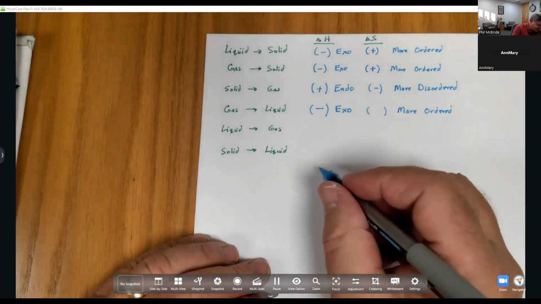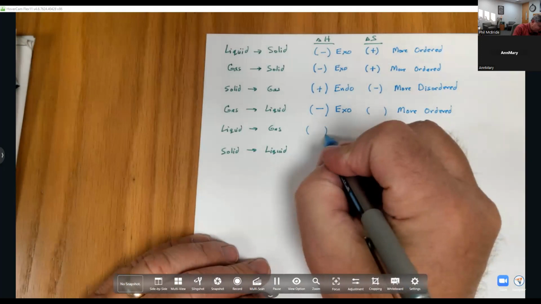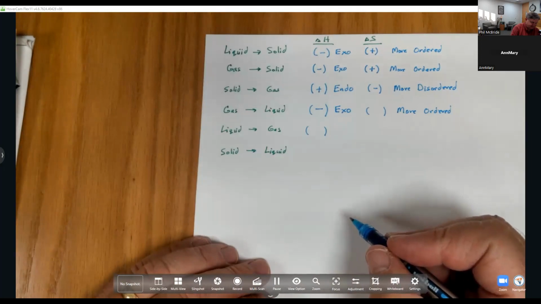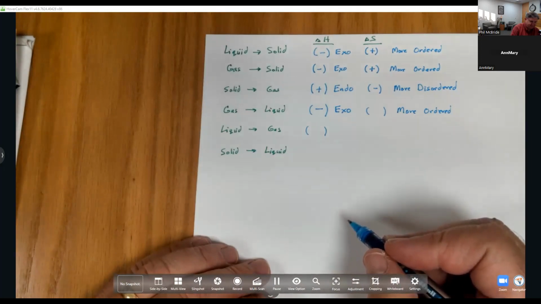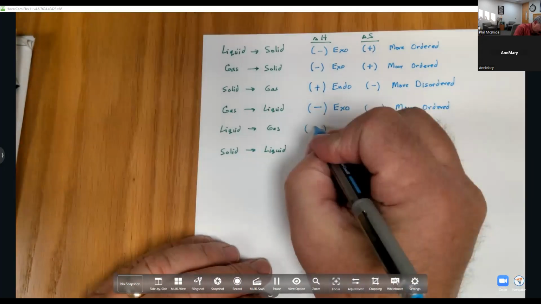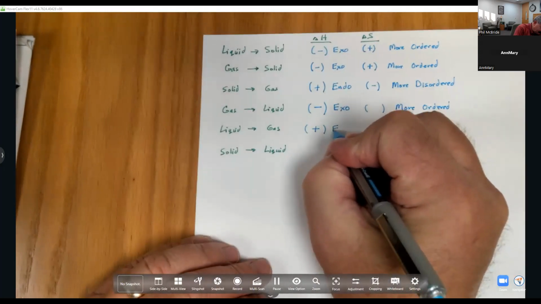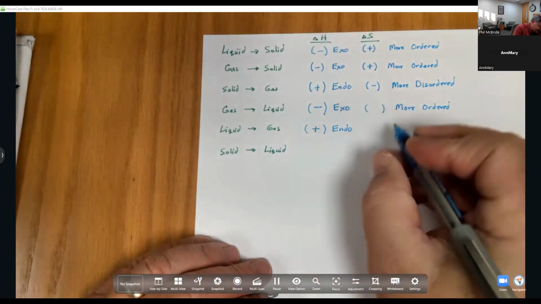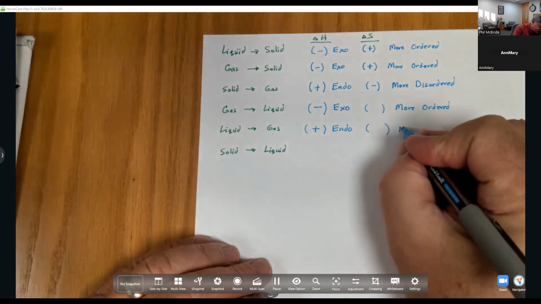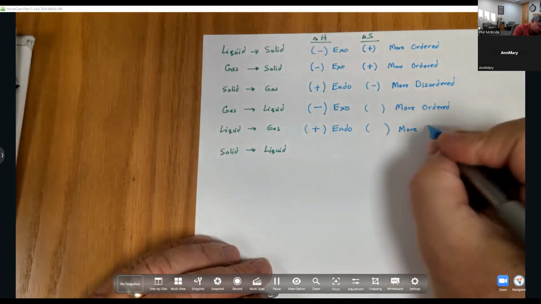Gain or lose energy? Water turning into a gas. Would it gain energy? And is that more ordered or more disordered? More disorder.